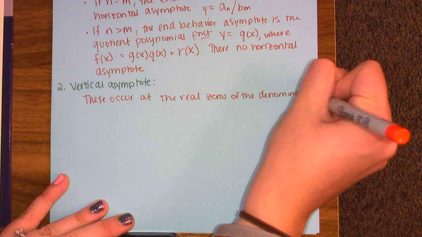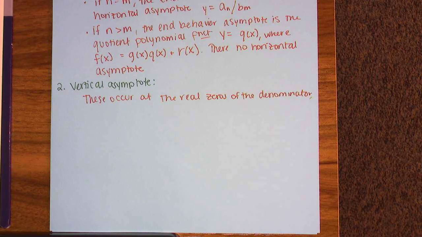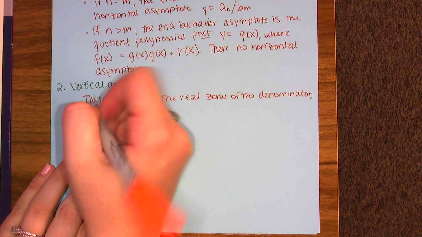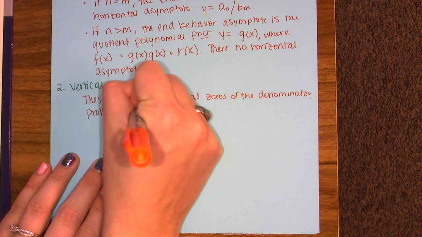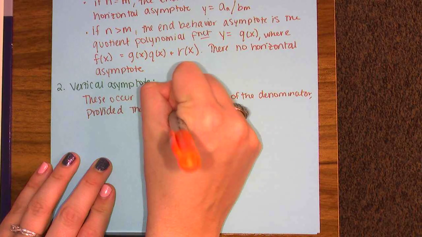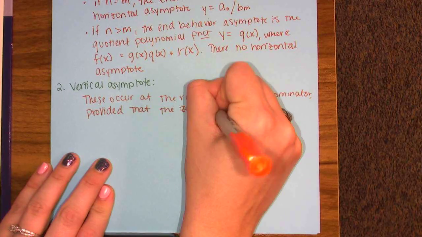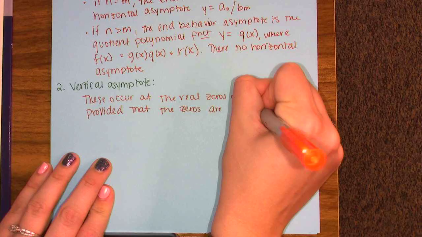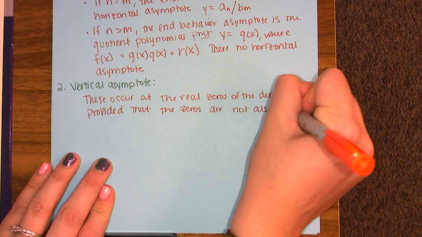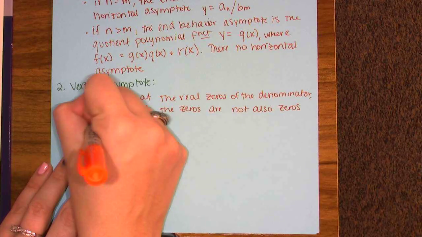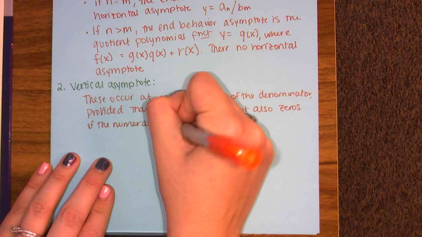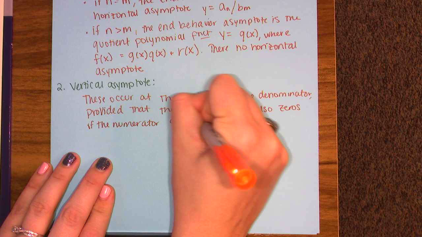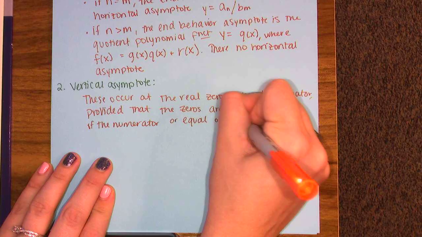So that's just a fancy way of saying when the denominator is equal to 0. Provided that the zeros are not also zeros of the numerator of equal or greater multiplicity.